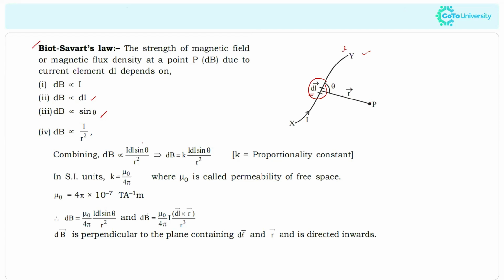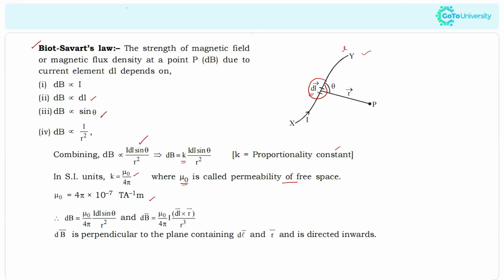When we combine everything, it can be written as I dl sine theta divided by r squared. As I said already, when writing this in equation form, we have to include the proportionality constant. Here the proportionality constant is mu naught divided by 4 pi, where mu naught represents the permeability of free space, which is equal to 4 pi times 10 to the power negative 7.